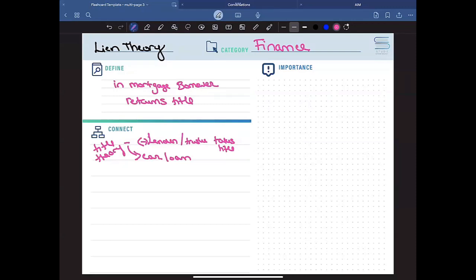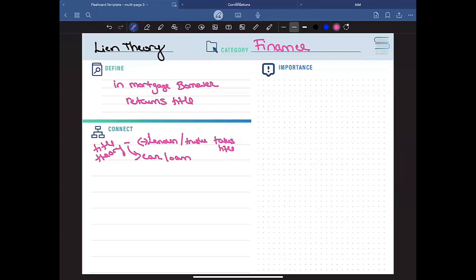Let's say you're the bank. If you have a house in a title theory state, it's your house, just like with a car. If your car is going to be repossessed, do they have to call you up and say, hey, we're coming at 7 a.m. to take our car back?